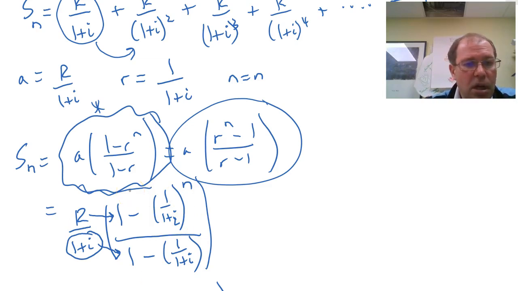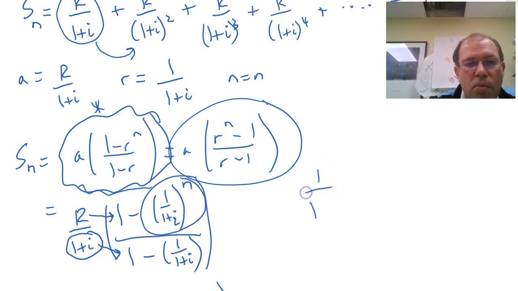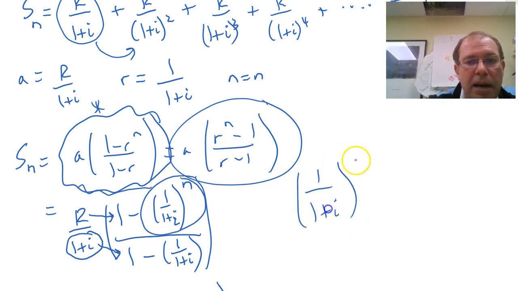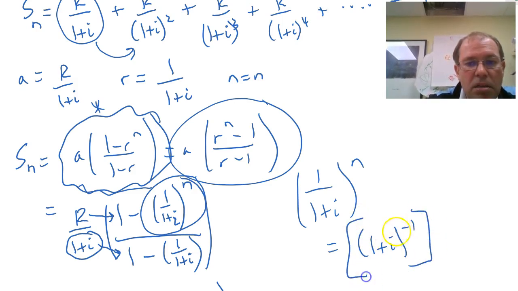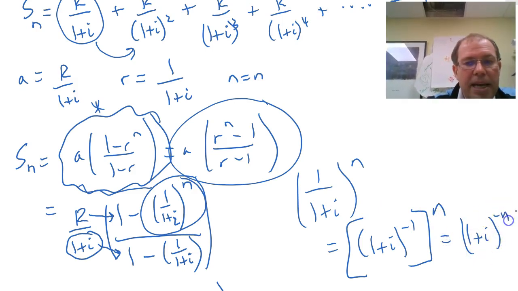Now I'm going to multiply the denominator by 1 plus i. I'm going to leave R outside. And the 1 over 1 plus i to the power n, I can write as 1 plus i to the minus 1, all to the power n. Hence I can write that as 1 plus i to the minus n.